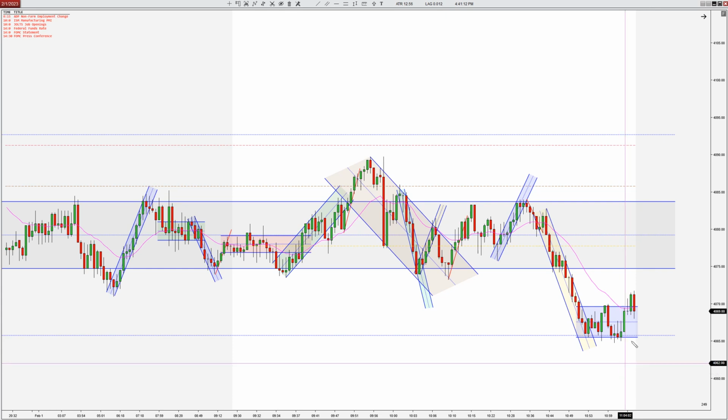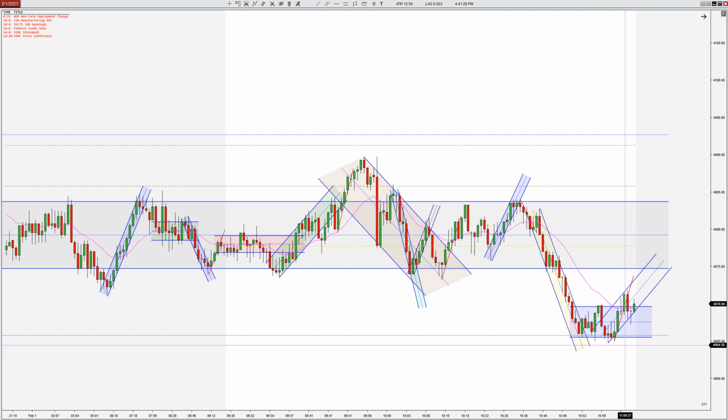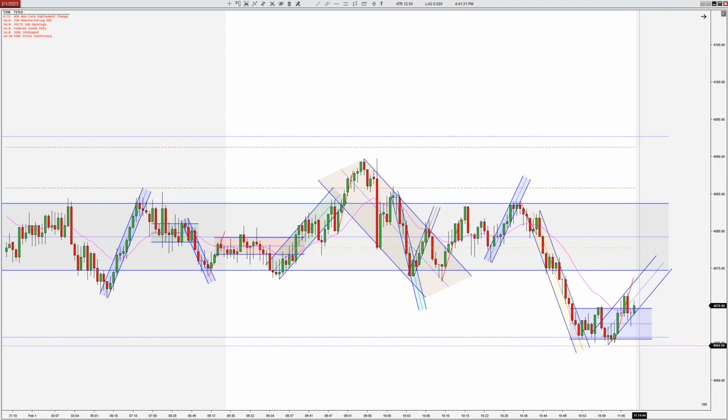Get a first entry short. Looks like potentially a micro uptrend here. We bounce here. Could be this. Doesn't fit perfectly.